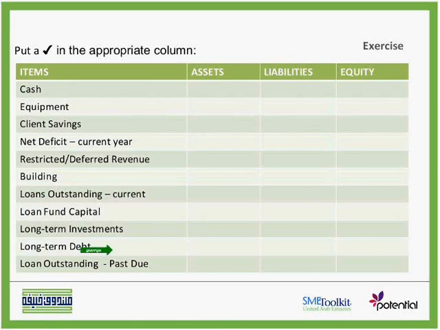And last but not least, it's the loan outstanding, past due. Whether it is loan outstanding that I will receive during the current year, or loan outstanding that is past due, this is money for me. This is an asset for me. This is money that I have to get.